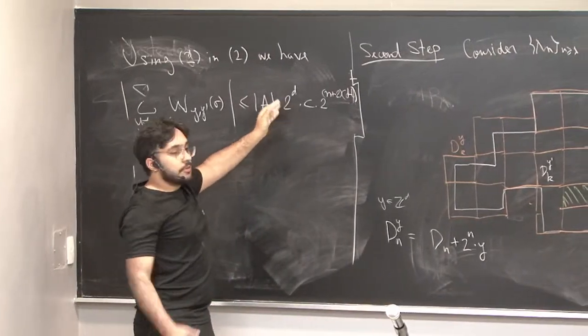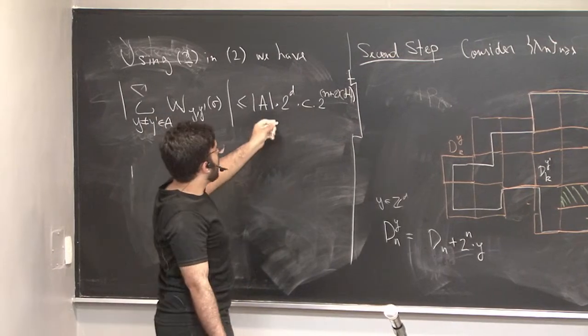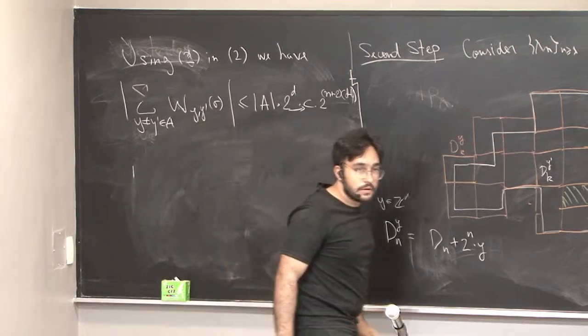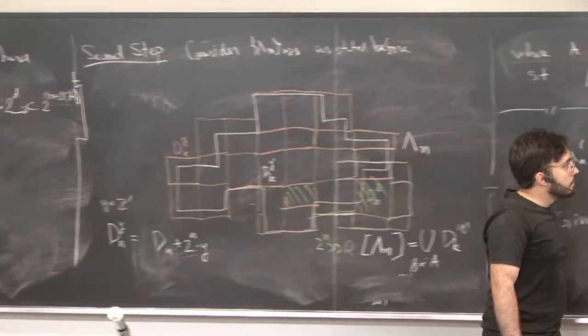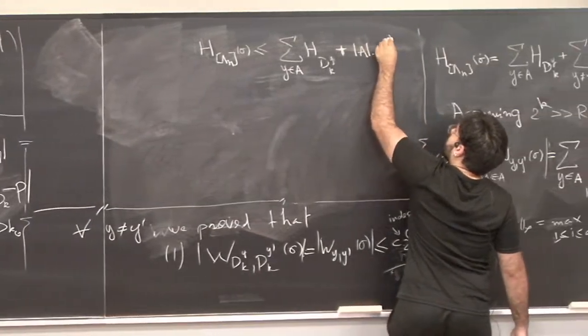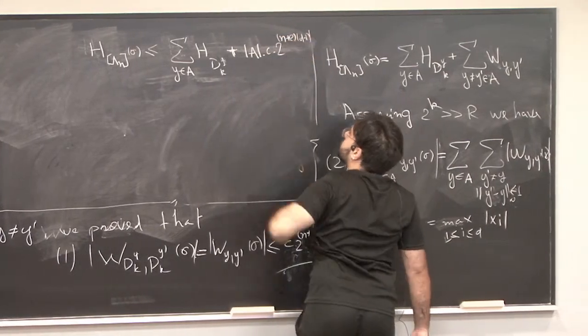Since 2 to the d is a constant that only depends on d, I will absorb this into c and not write it anymore because it doesn't matter. So c times 2 to the n plus 2 d minus 1.